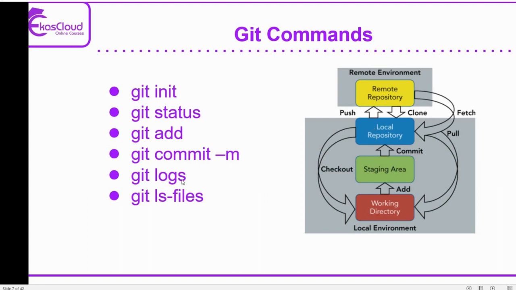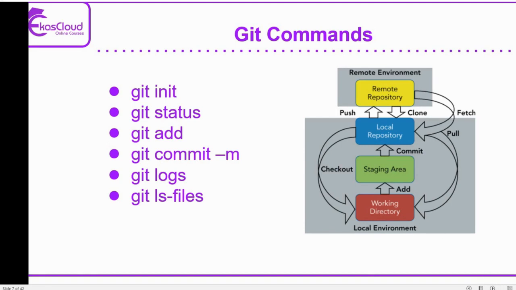This command shows the commits we have already done in our local repository. And we can see another command, git ls-files. This command shows the files in the staging area, and if you type ls alone, it shows the files in the working directory.